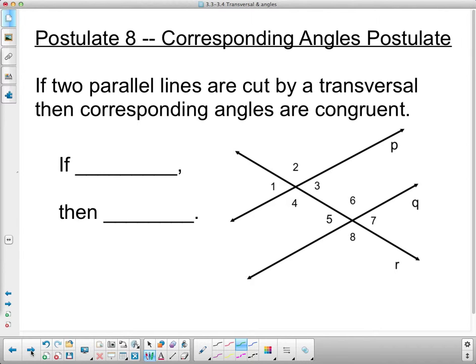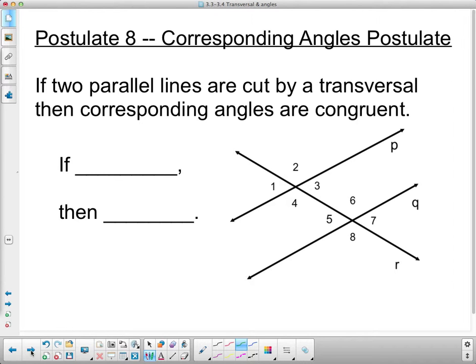The one with all the numbers. So we've got two lines, P and Q. We have the transversal that I called R. Number the angles to match up with mine, and we'll use that picture for every theorem and postulate here.